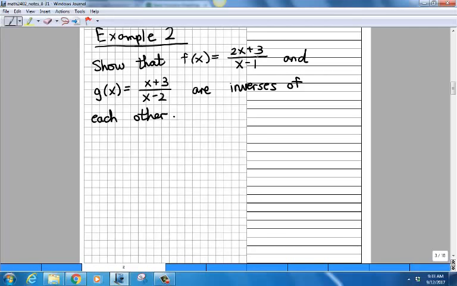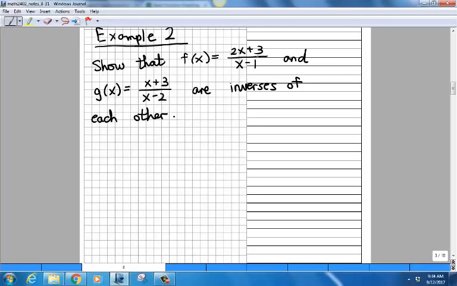I want you to apply the test, and while you are doing that, I'm going to take one of the functions and find the formula for the inverse using the system that I proposed a moment ago. So you do the inverse function property test, and I'll calculate the inverse of the function f. And we'll see who figures out if they're inverses of one another faster.